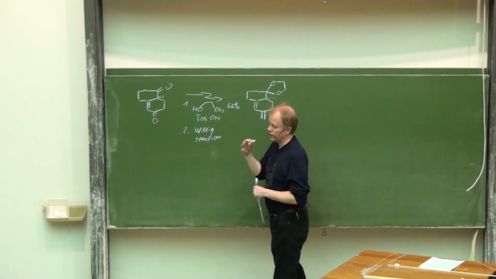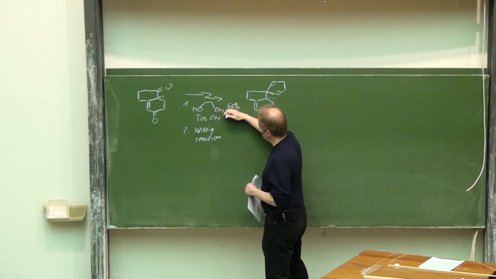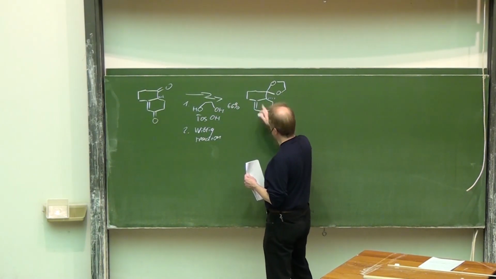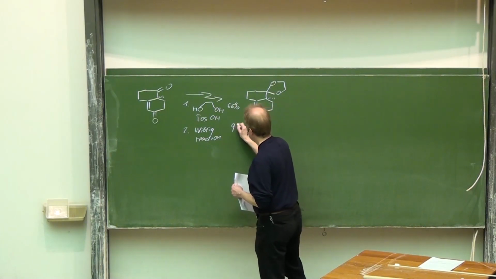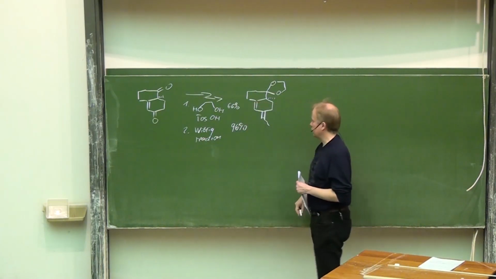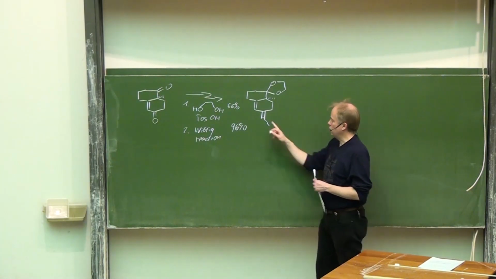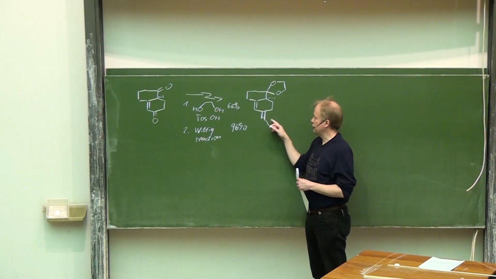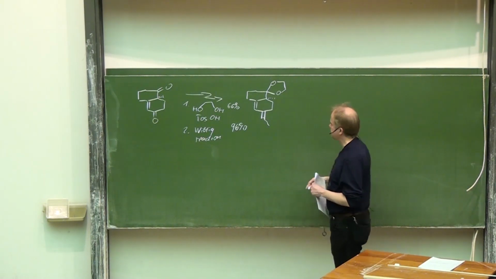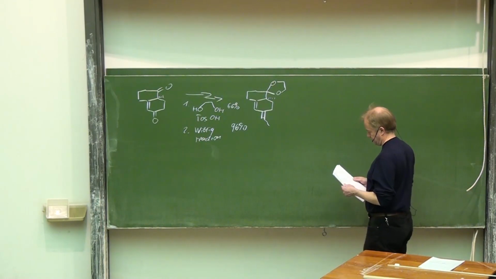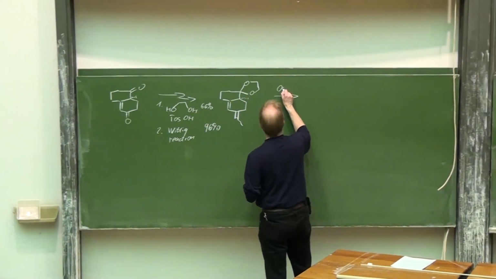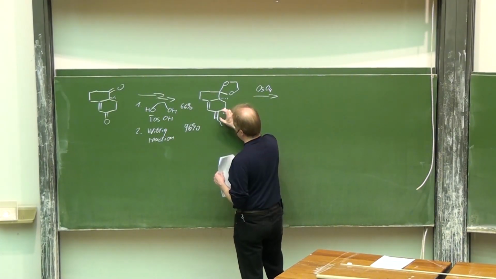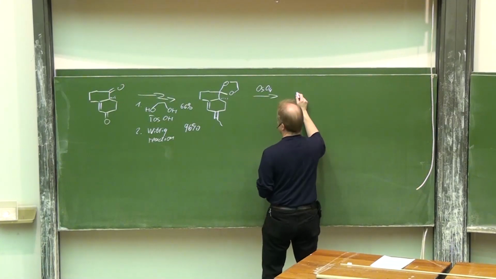It wasn't done as a one-pot reaction. 66% yield of that was isolated, and this diene system then with 96% yield, of course, as a mixture of cis-trans stereoisomers here. With osmium tetroxide, the bis hydroxylation succeeded.